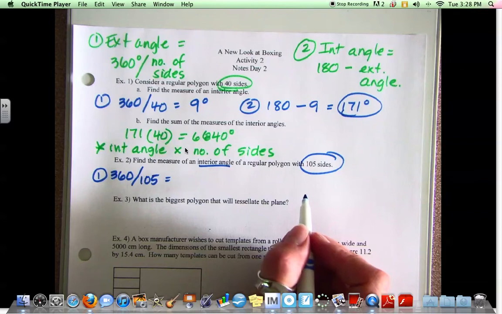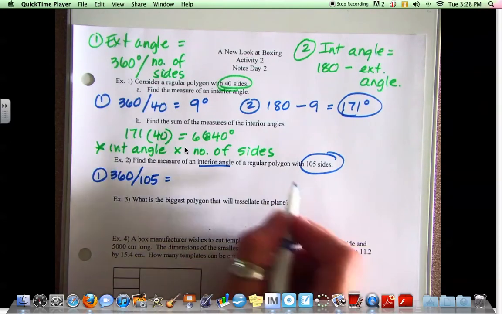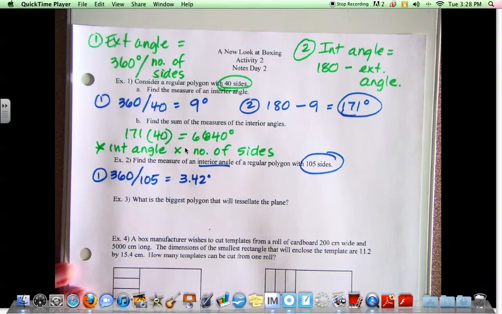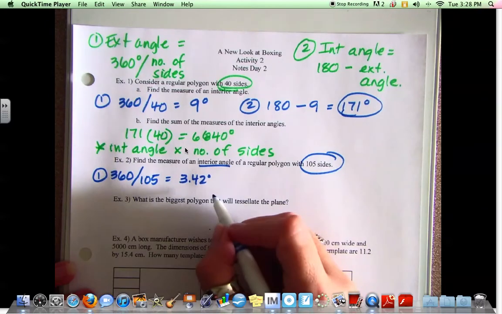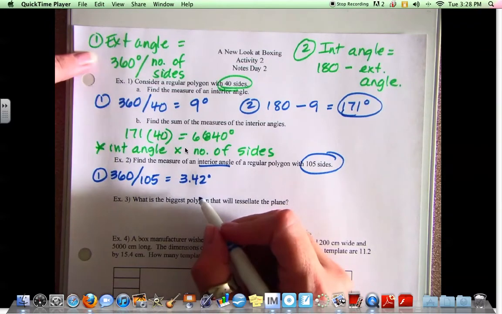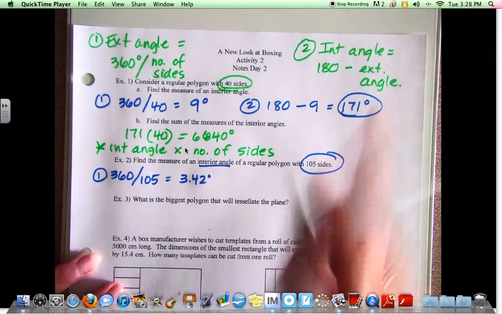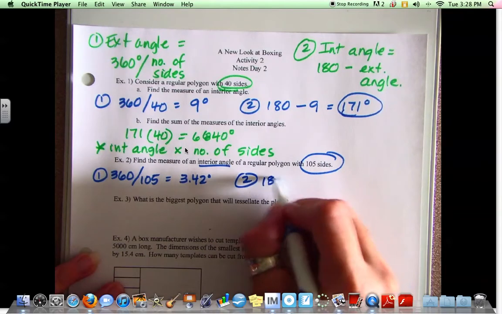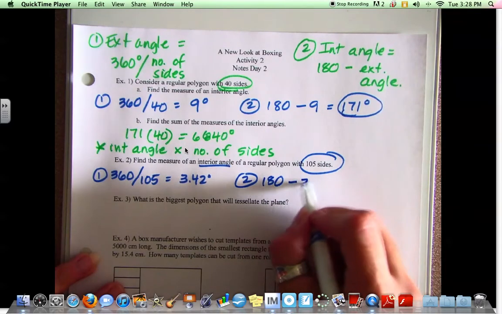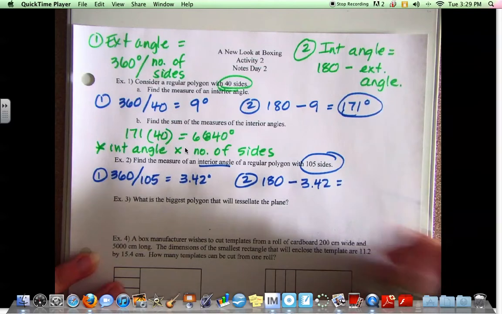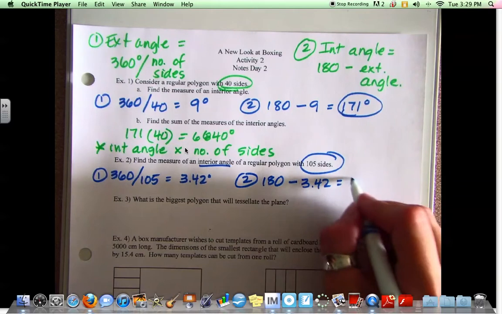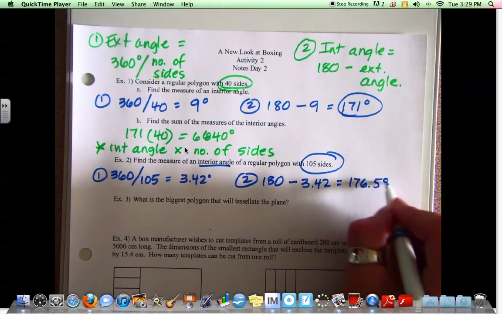So 360 divided by 105 gives you 3.42 degrees. So we have the exterior angle measure. Now we need to find the interior angle measure. So we have 180 minus 3.42. And that gives us 176.58 degrees.